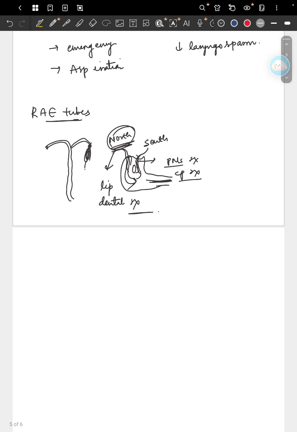Now we will have some more devices that are helpful for intubation, like stylet. It looks like a rod. So this is how it looks. This is stylet. Then we have bougie, which is also used. These things give support, like how you insert a rod in a wire and make it straight. So these will be used for difficult airway.